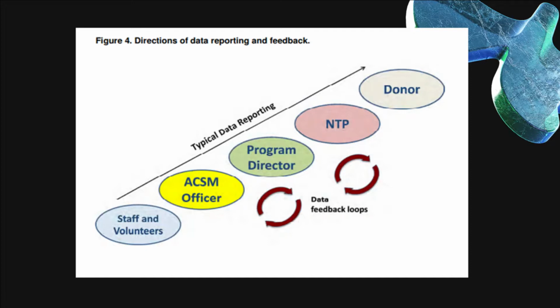As data flow upward from the ground to the higher levels of management, government or donors, data should also flow back to the field in the form of mini feedback loops along the main feedback cycle. Ground level staff and partners need to know how they are performing and may have little incentive to report accurate, complete, and prompt ACSM outputs if they do not see the results of the time and energy they invested to do so.